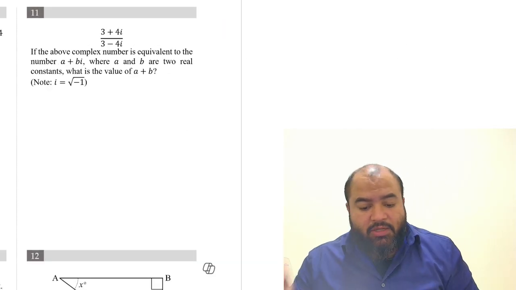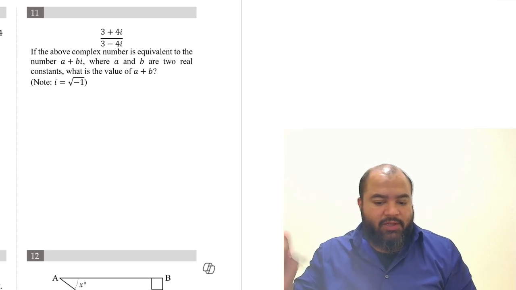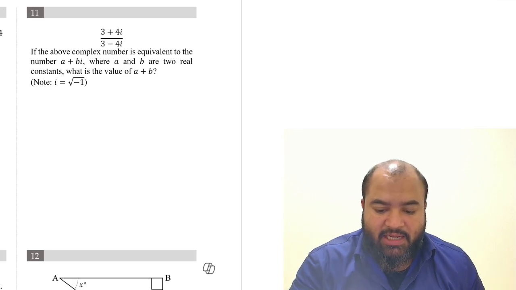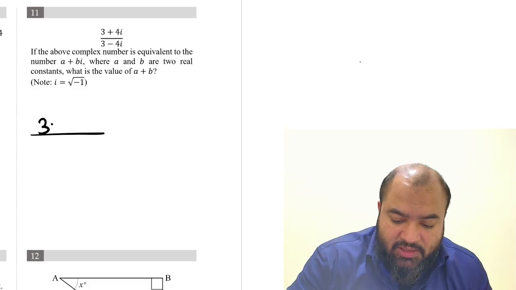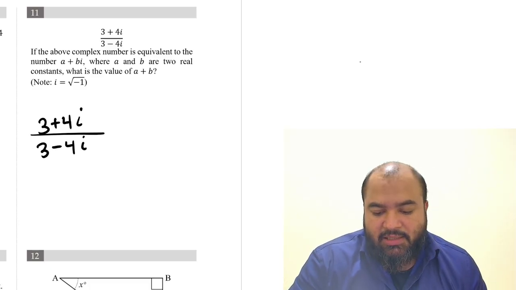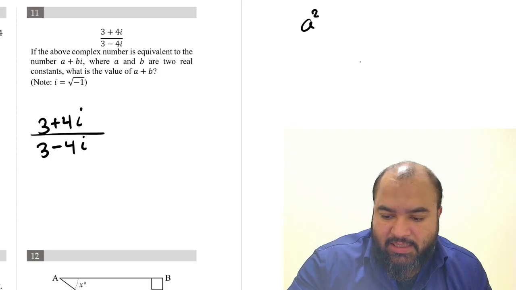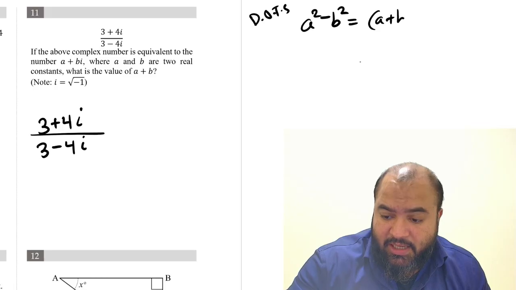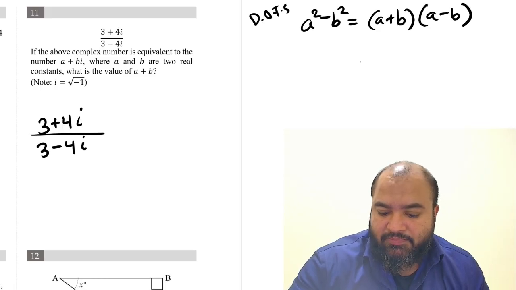Number 11. So if the above complex number is equivalent to a plus bi, what is a and b? So first of all, you see 3 plus 4i and 3 minus 4i. This kind of works like, remember a squared minus b squared, the difference of 2 squares, was a plus b times a minus b, right?